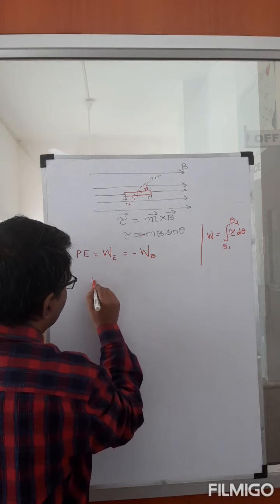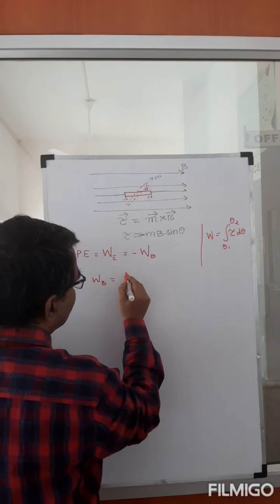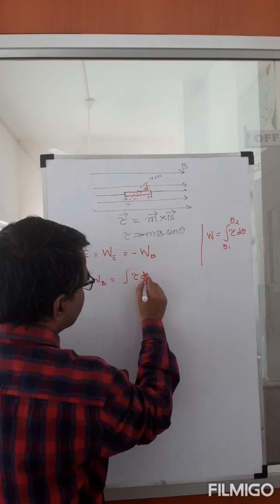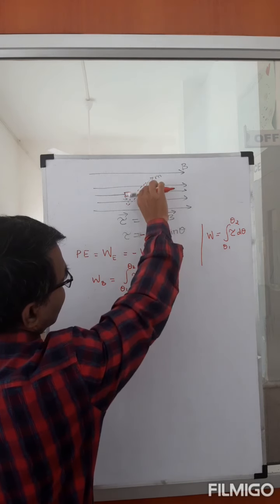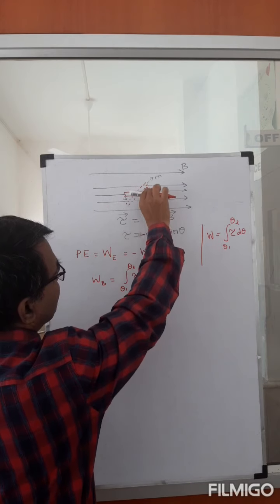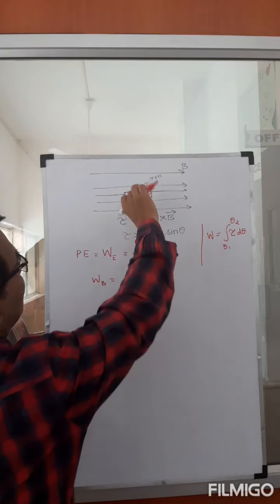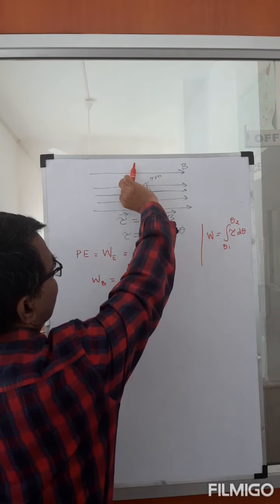So the work done by the magnetic field is equal to the integral of tau d theta from theta 1 to theta 2. This theta 1 could be 0 in this case, and I may take it to theta, but in general I can take it from any angle to any other angle, so theta 1 to theta 2.